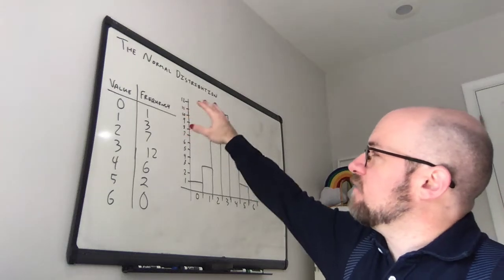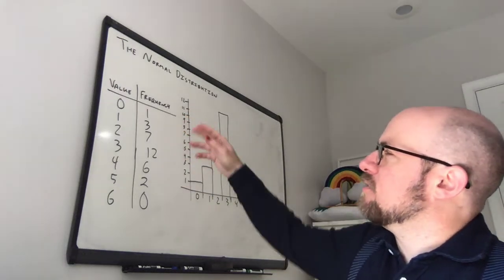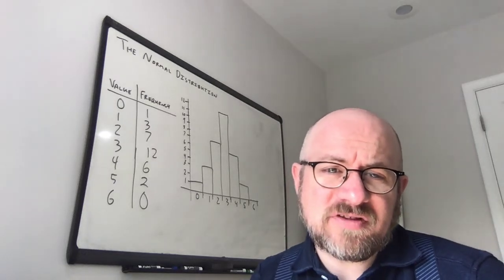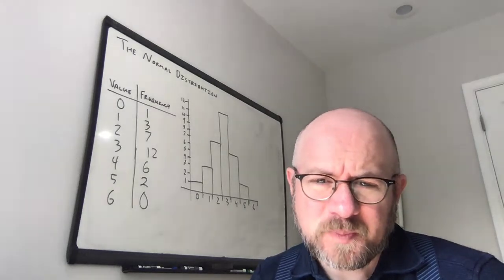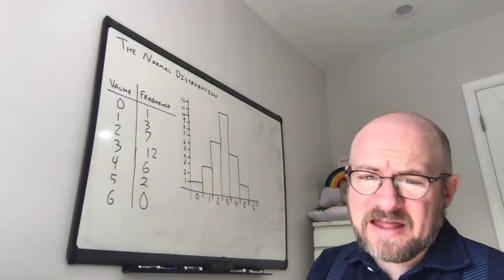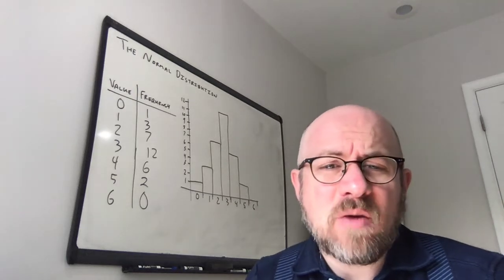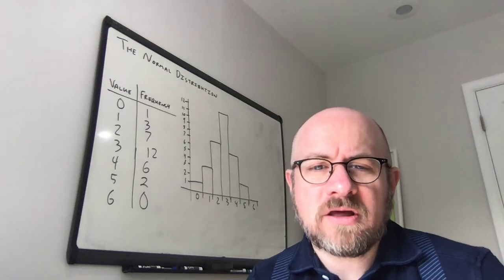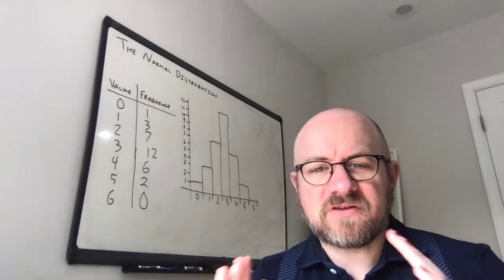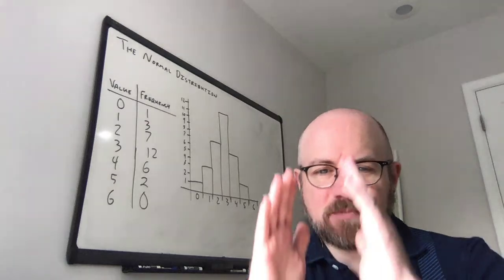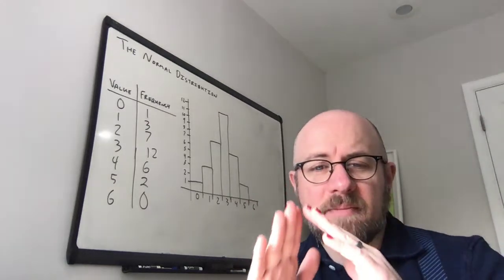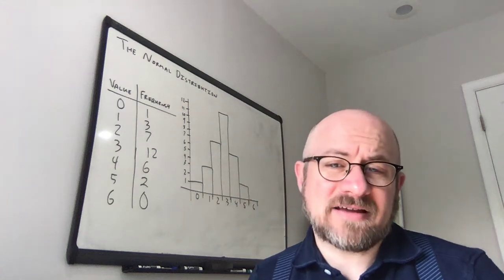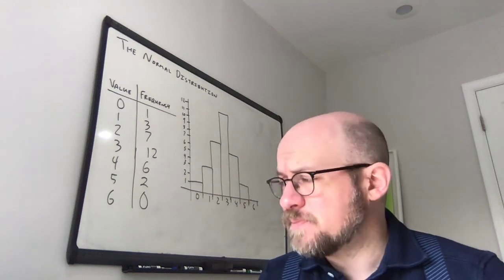And so I've got an example right here of some data. You can see I've got a frequency table. Value 0 has frequency 1, value 1 has frequency 3, value 2 has frequency 7, and so on and so forth. And I've graphed all of that data in a bar graph. What you can see here is that the data is mostly in the center, with a big peak in the center, and then it flattens out toward the sides. This is your classic example of normally distributed data.